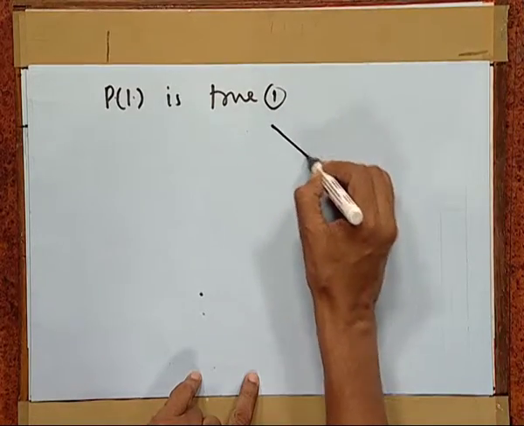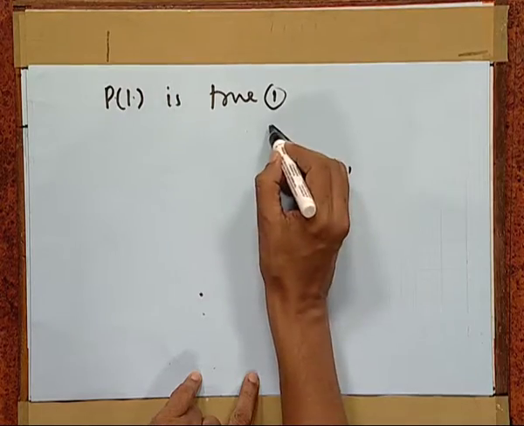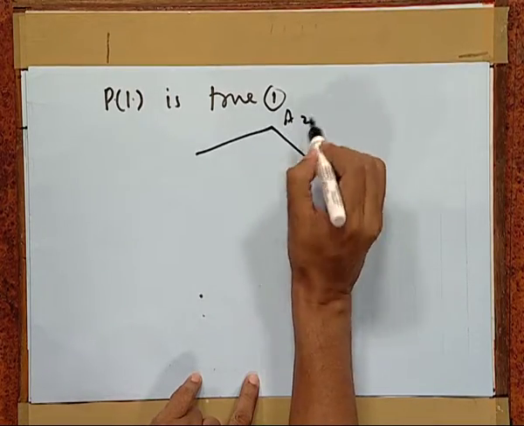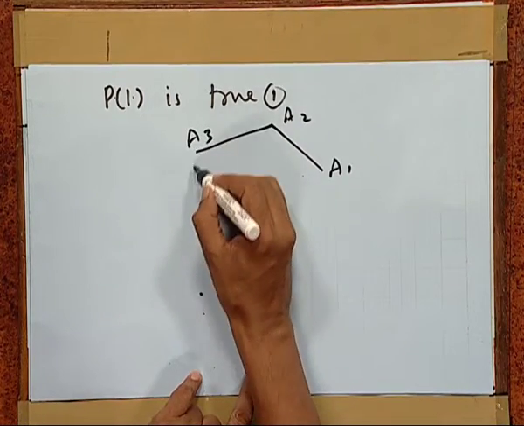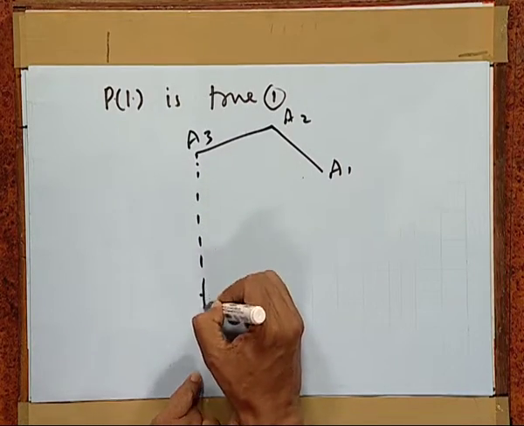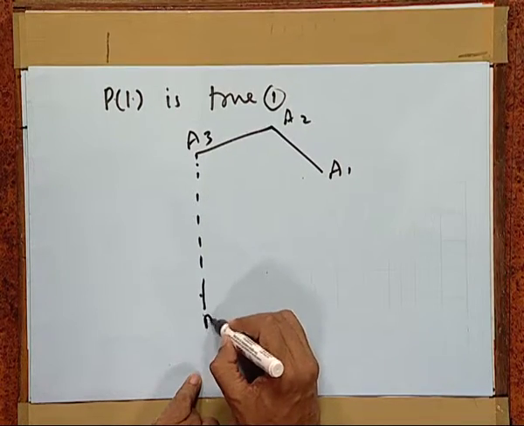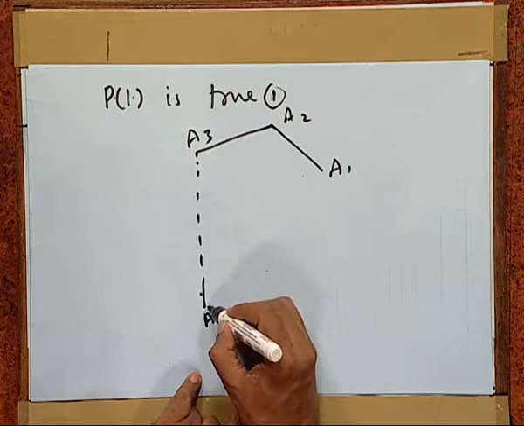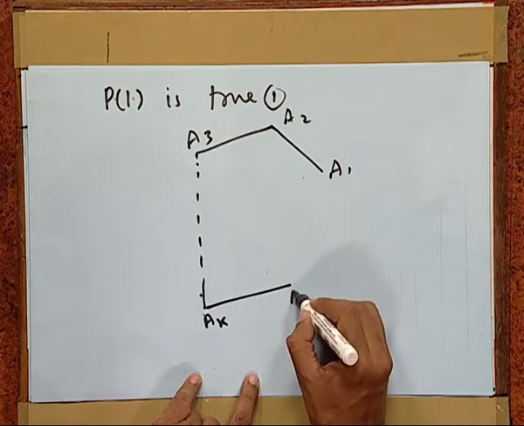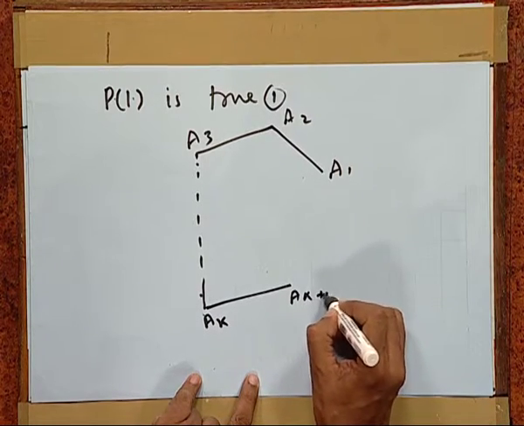For this, we draw a polygon A1, A2, A3 and so on up to AK, then AK plus 1.